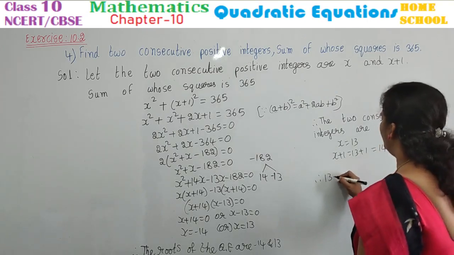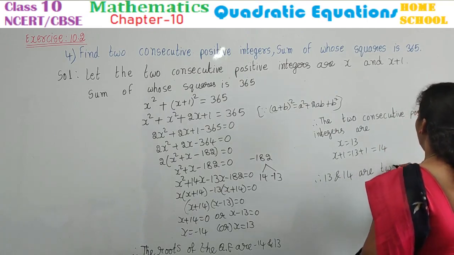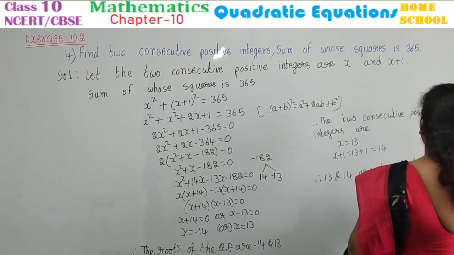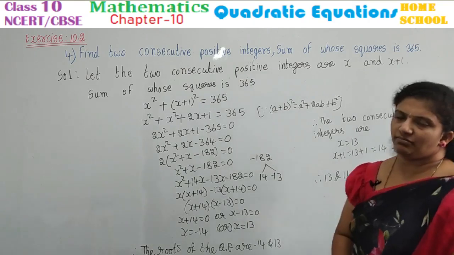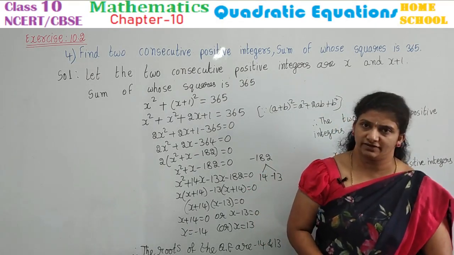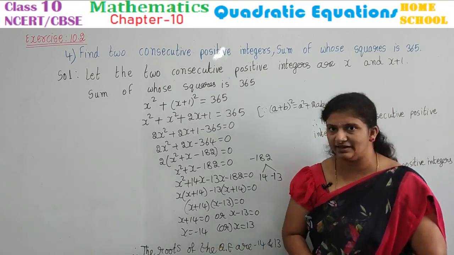Therefore, 13 and 14 are two positive consecutive integers. You can write this statement and you can end this. What are the two consecutive positive integers? 13 and 14. We cannot consider minus 14 here.